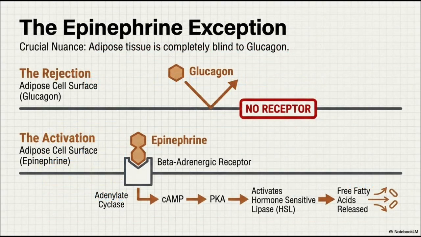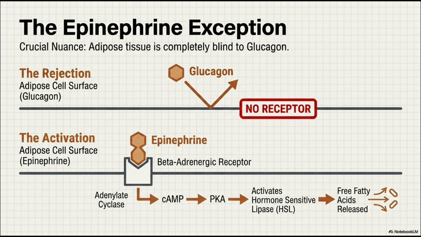Okay? But I want to point something out. Adipose tissue doesn't have a glucagon receptor. So hormone-sensitive lipase is activated in adipose tissue by epinephrine through the beta-adrenergic receptor. Okay? So it's a unique and important detail to pay attention to.